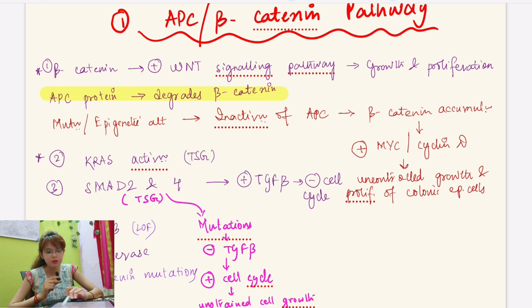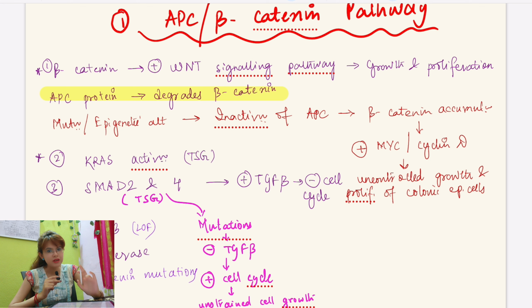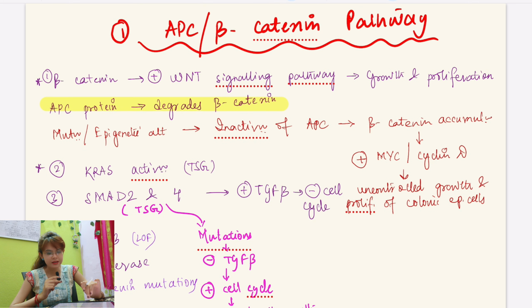But when there is a mutation or epigenetic alteration that leads to inactivation of APC, it will no more be able to degrade the beta catenin, and the beta catenin level will increase. It will accumulate. This will stimulate MYC and cyclin D, which will ultimately cause uncontrolled growth and proliferation of colonic epithelial cells. So this is the first gene, the most important one, and that is why the name is the APC beta catenin pathway.